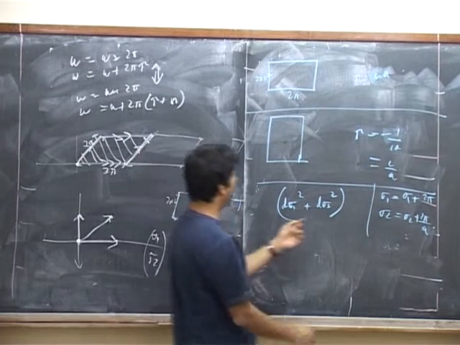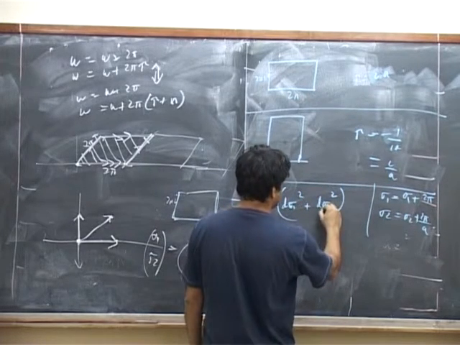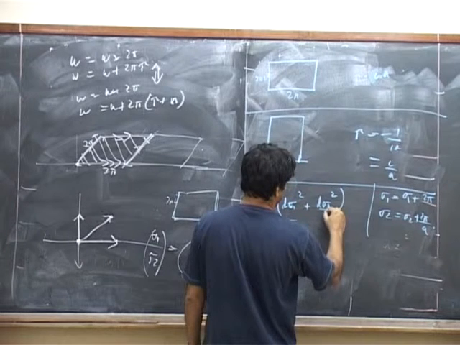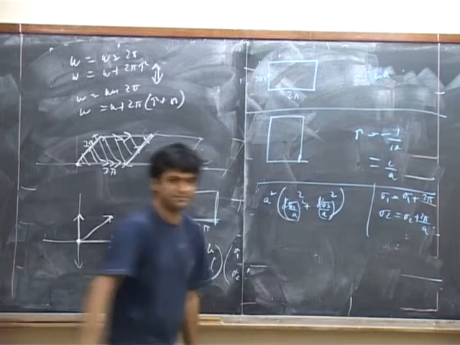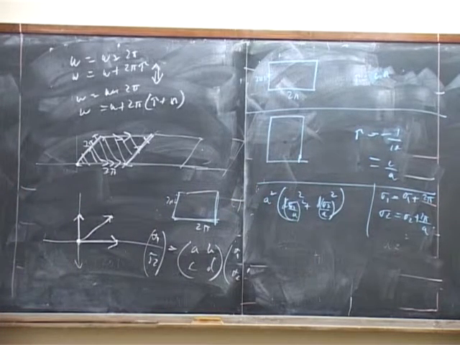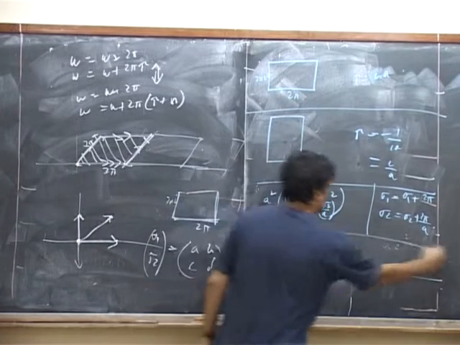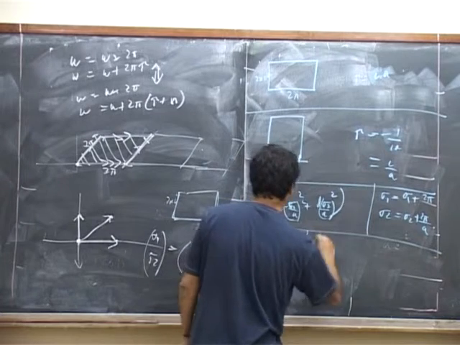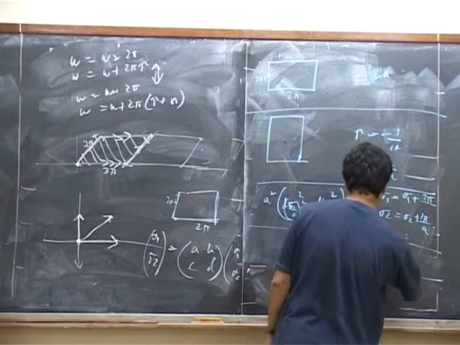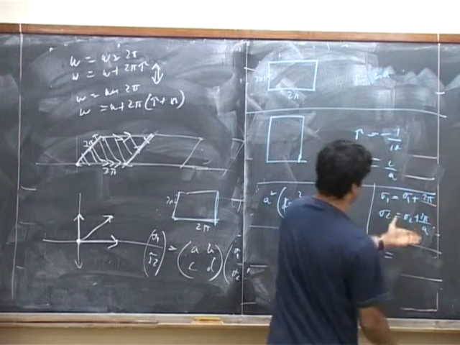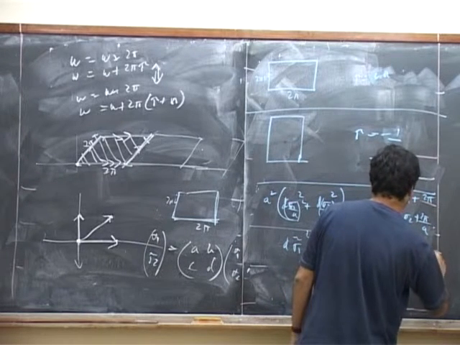Now, let me pull out a factor of a squared. Let me write this as the whole of sigma 2 by a squared plus the whole of sigma 1 by a squared, with a factor of a squared. After a Weyl transformation, the overall factors don't matter. So this is d sigma 1 tilde squared plus d sigma 2 tilde squared, where sigma 1 tilde is equal to sigma 1 by a, and so has identification sigma 1 tilde plus 2 pi.